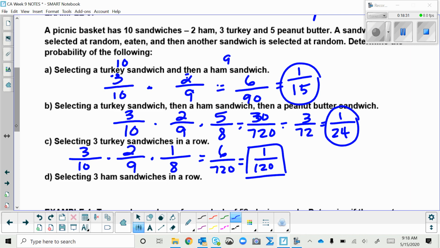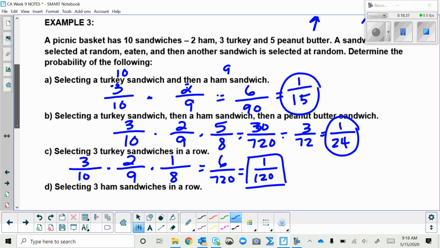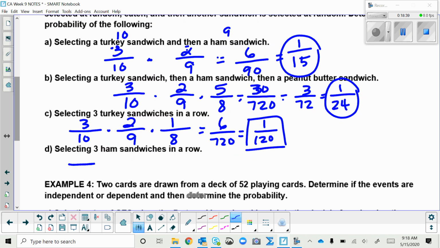But, you know, because this is math, let me just show it to you using math. So the probability that the first sandwich is ham is 2 out of 10, because there's 10 possible sandwiches, 2 of which are ham. You remove 1, there's 9 sandwiches left, and you've eaten one of the hams. So now there's only 1 ham sandwich left that you could possibly pick.